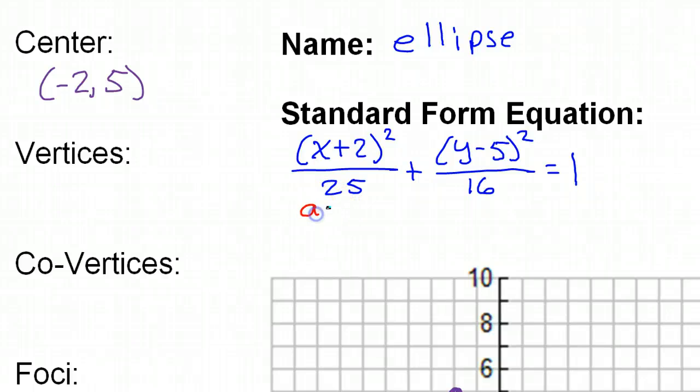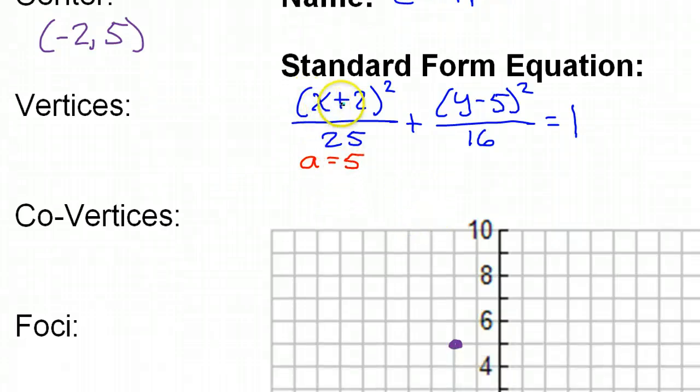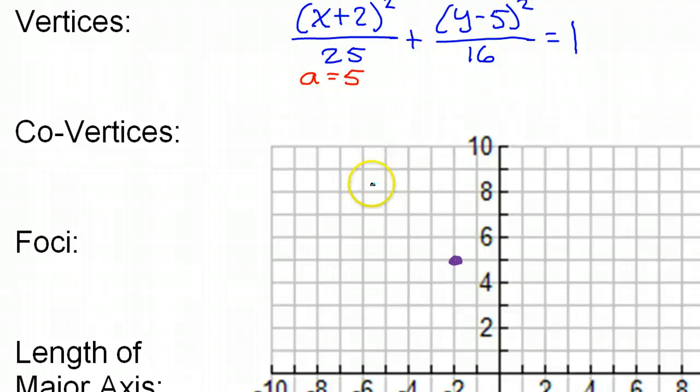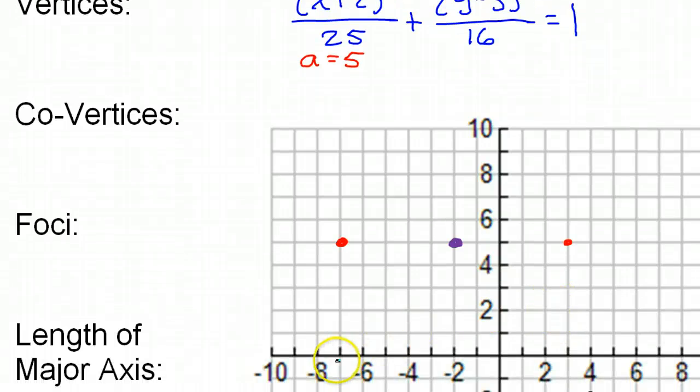So this gives me my a, which is 5, and this is where the vertices come from. Because this is with the x term, I'm going to do my 5 left and right, because that's the x direction. So 2, and there's 5, and then there's 2, and then 5. These are my vertices. So what do I have here really? So this is negative 7, comma 5.